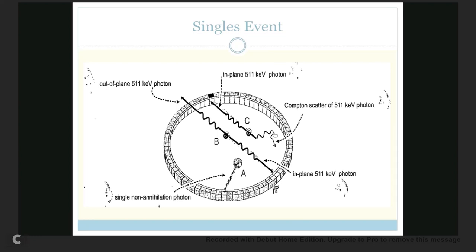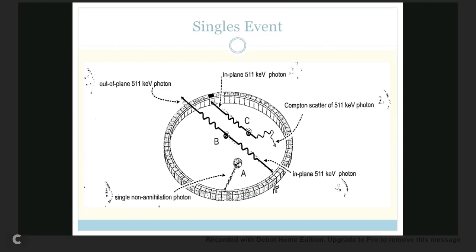Okay? Then you have your out of plane. The annihilation occurs, and then you have photons that are being displaced. One actually hits the detector, but the other one goes out of the plane, so it's not read by this detector.